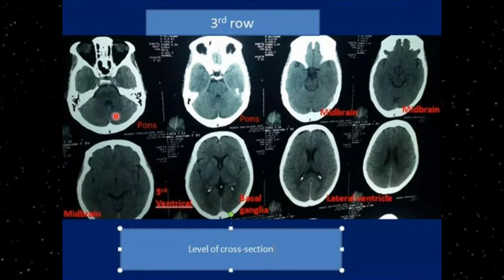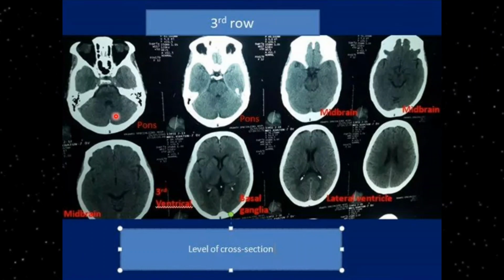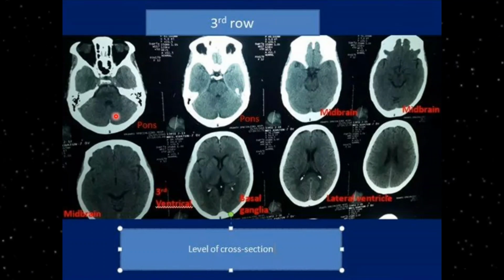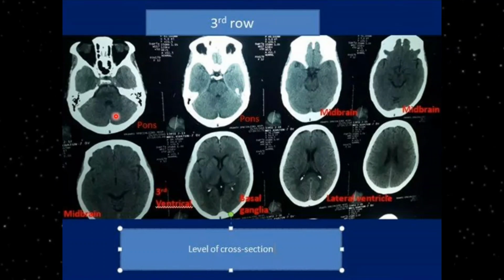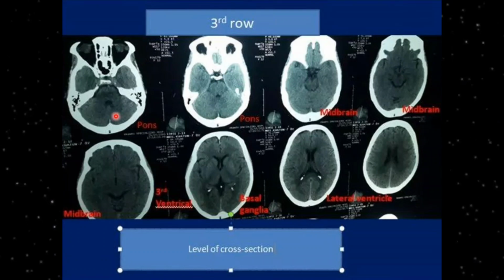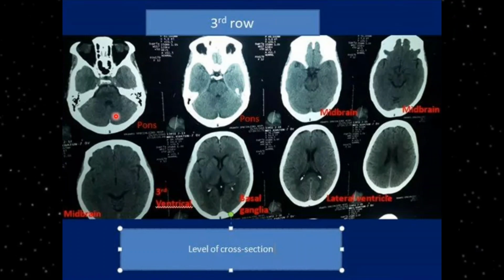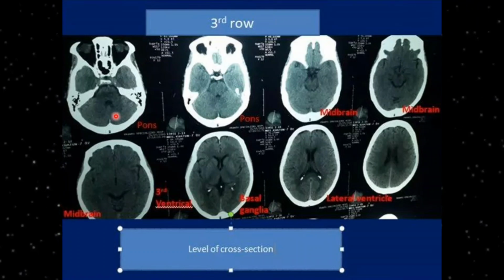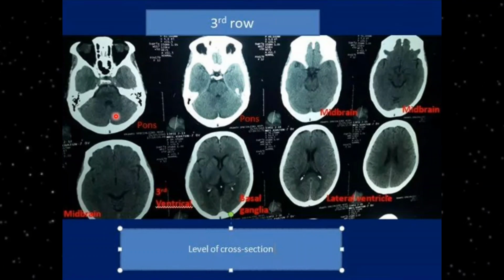So medulla oblongata, pons and midbrain have been shown on these images, and these are the parts of the brain stem. If you go slightly up, the midbrain joins the cerebellum or cerebral hemisphere. There is a falx cerebri, and you can appreciate the sylvian fissure, and you can also appreciate the insula.